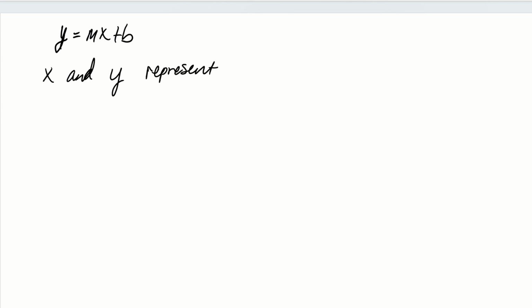What we're going to look at here is slope-intercept form. Slope-intercept form can be written as y equals mx plus b. Now this is called a generic form of the equation. In this form, x and y represent an ordered pair in the relation.